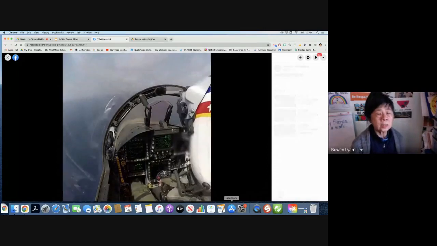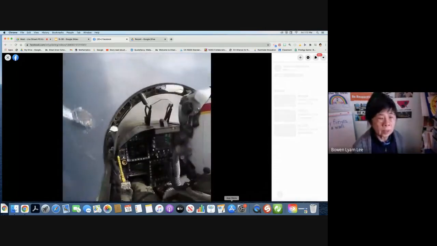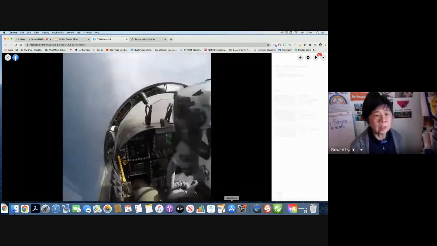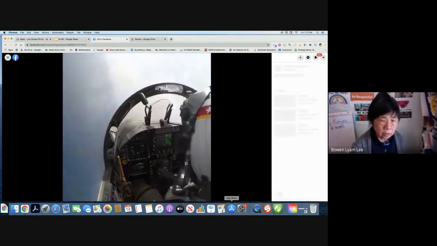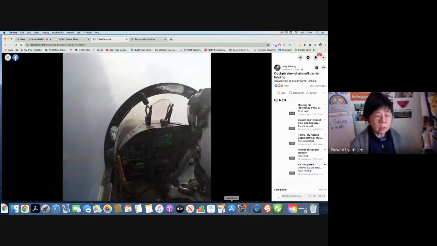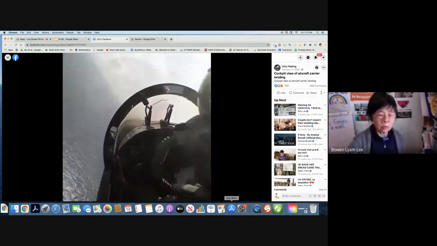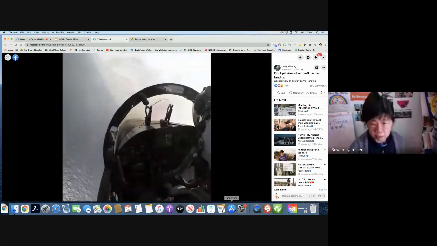It's like looking for a tiny speck on the ocean. And on that tiny little speck, you have to land. You have to get there. And you hope that you're going to do it without missing it or going over it or crashing into it.